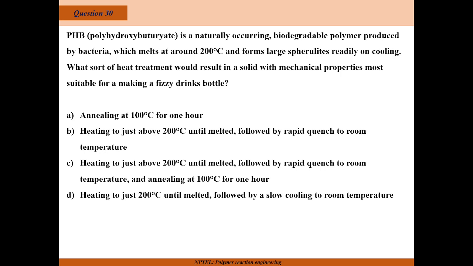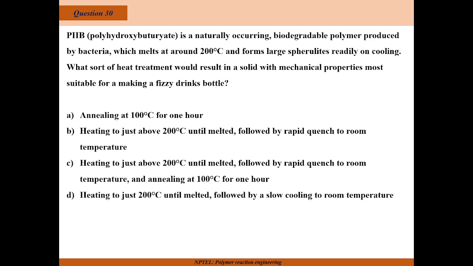PHB is a naturally occurring biodegradable polymer produced by bacteria, which melts around 200 degrees Celsius and forms large spherulites readily on cooling. What sort of heat treatment would result in a solid with mechanical properties most suitable for making fizzy drinks bottles?